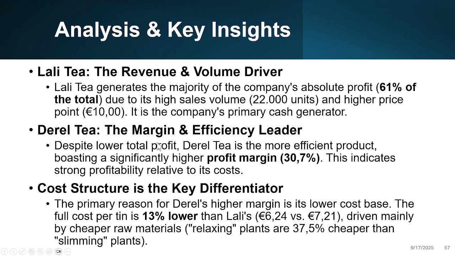For Durant, this product can be the leader in margin and efficiency. Despite a lower total profit, Durant is a more efficient product, boasting a significantly higher profit margin of 30.7%. This indicates strong profitability relative to its cost.